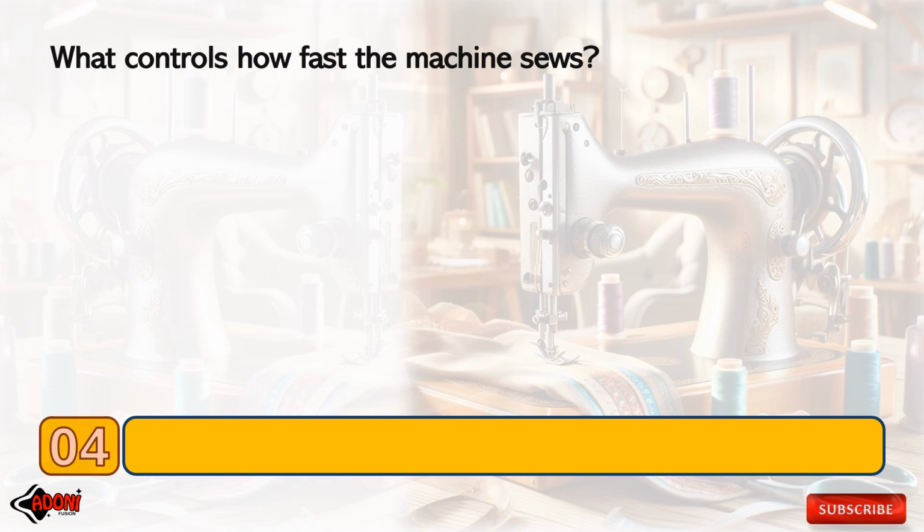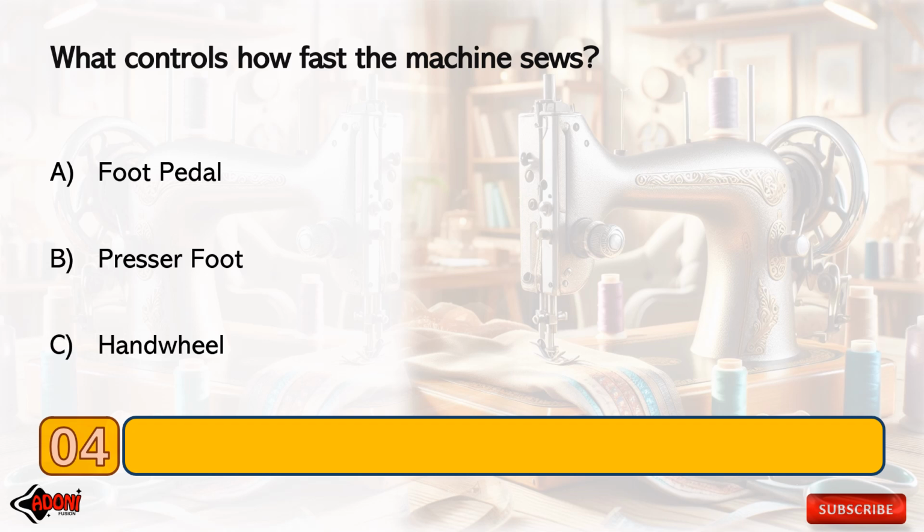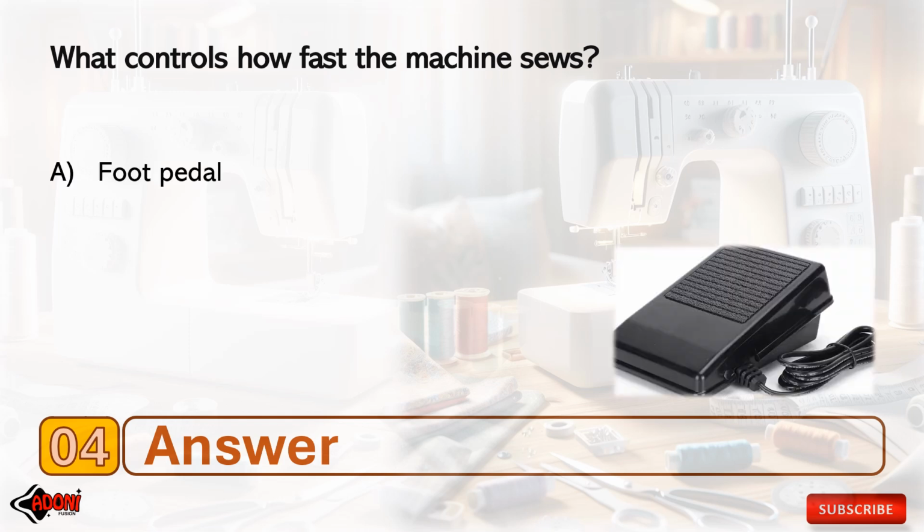What controls how fast the machine sews? Foot pedal, presser foot, hand wheel? The answer is foot pedal.